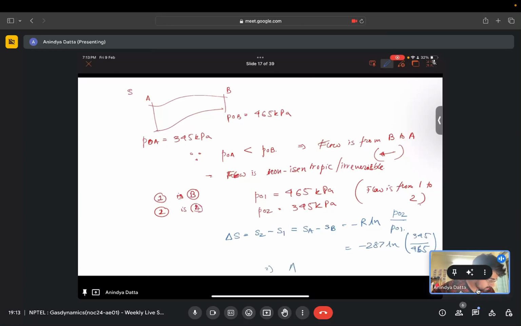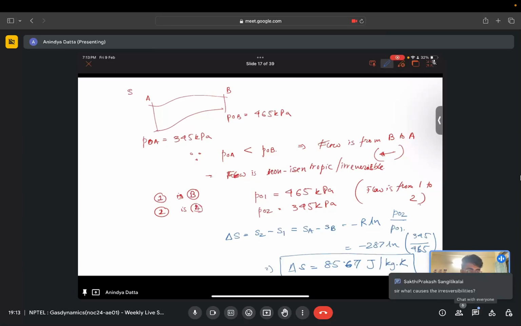So my delta S will be 85.67 joule per kg Kelvin. Okay, is this clear?